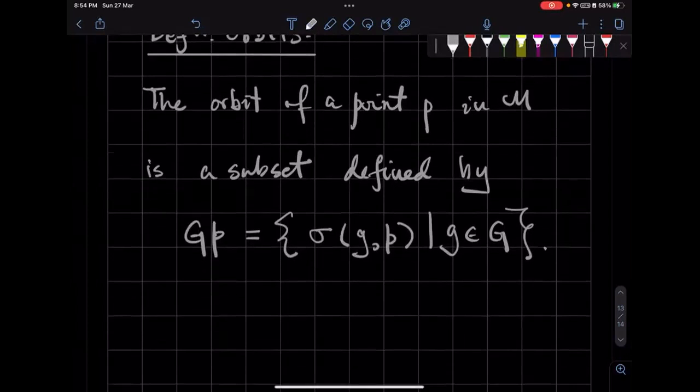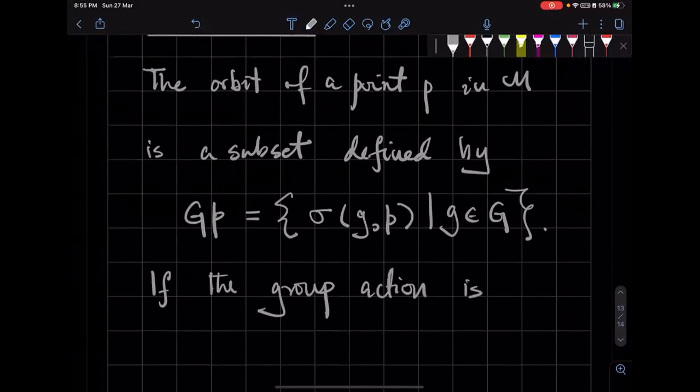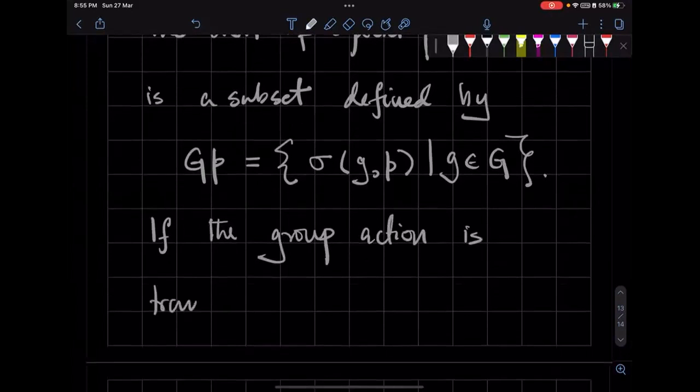So now the comment is that if the group action is transitive, then the orbit is the whole manifold itself, right?